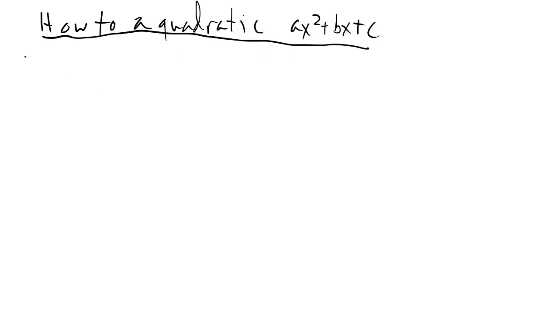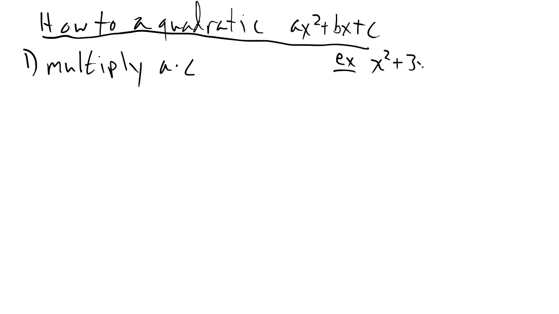Well, our first step is to multiply a times c. Let's give us an example here. Let's say we are looking at x squared plus 3x plus 2. So we multiply a times c. Remember, this is ax squared plus bx plus c. So a is 1, c is 2. We get that a times c is 2.